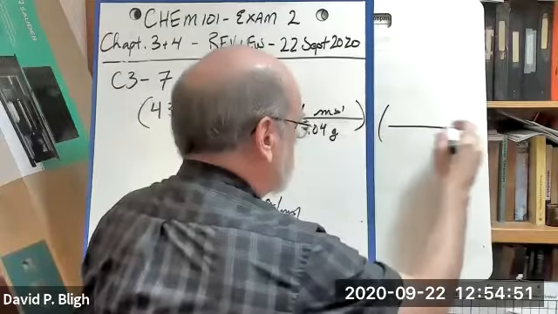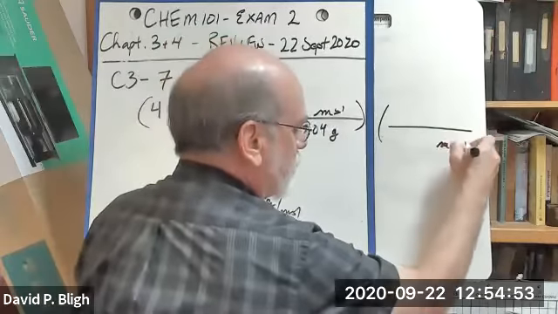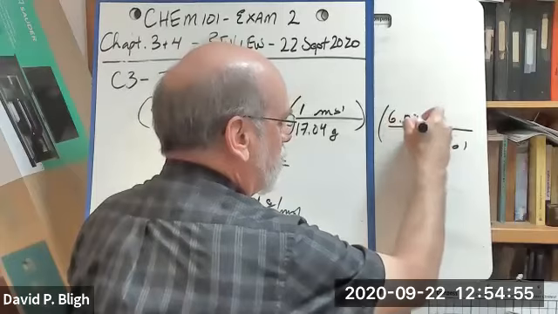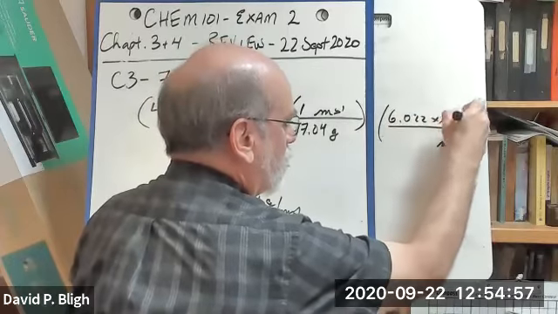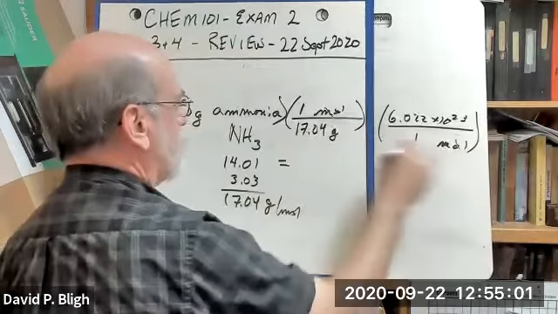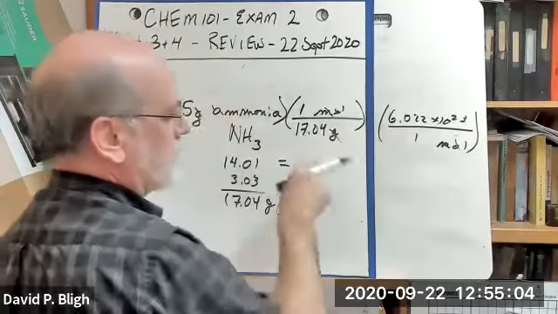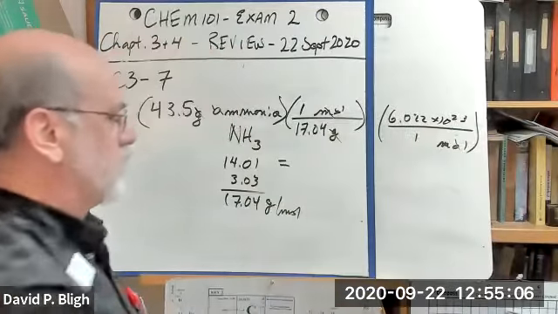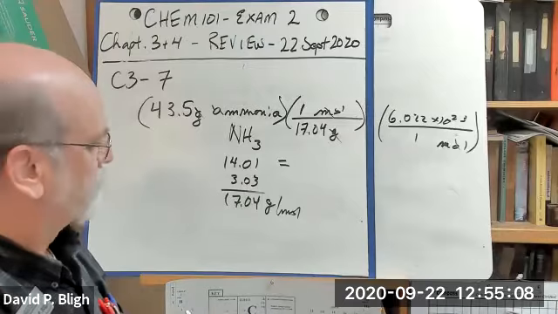Yep, go ahead. You just times it by Avogadro's number, right? Right, because it's that many per mole. Cancels the moles, cancels the grams, and this is the number of molecules of ammonia.